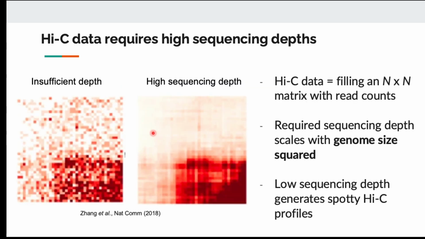So this is part of the reason why you don't see as many chromatin conformation capture analyses as regular DNA sequencing, like exome sequencing or RNA sequencing. Because for exome sequencing and RNA sequencing, if your genome is larger, the number of reads you need scales linearly with the chromosomes, with the DNA size.